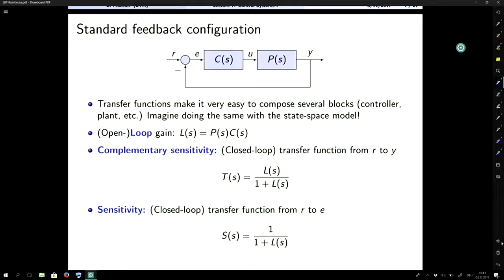The difference between what you would like to have, the reference, and what you actually measure from the plant, Y, is your error E. From this error, you put that into some control system. This will be your feedback control system, and depending on the error, it will generate the input that you provide to your plant.